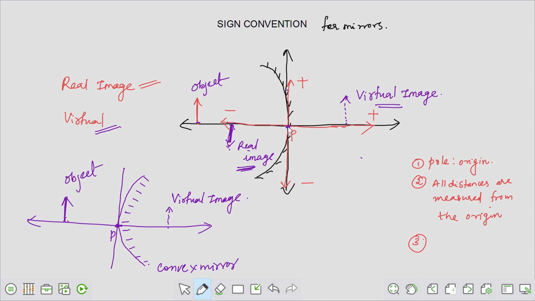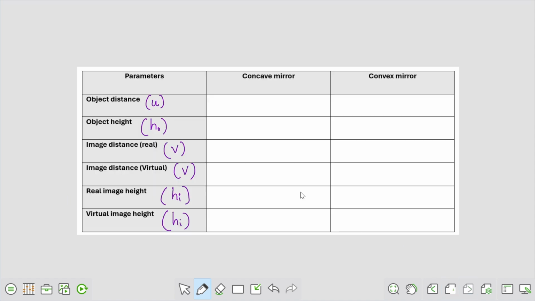So from the pole to the left, what is the sign? Negative. What about convex? From the pole to the object, what is the sign? Negative. So what is the answer here? Both concave and convex object distance is negative. This is negative, this is also negative.